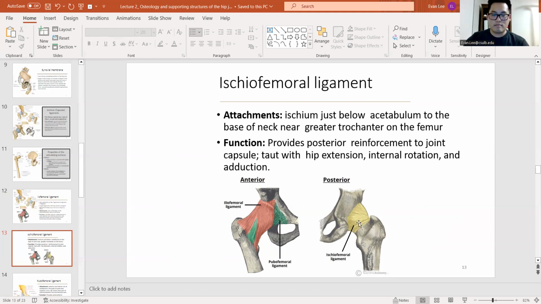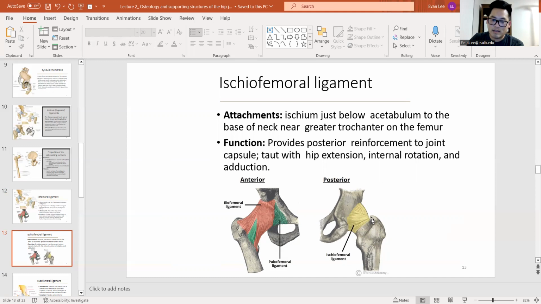Now, in this case, what actions are going to cause this to become taut again? This is a little bit odd, but even though it's on the back, it is going to also help with reinforcing the hip during hip extension. It is kind of attached on the front side a little bit, so it does help with supporting hip extension.